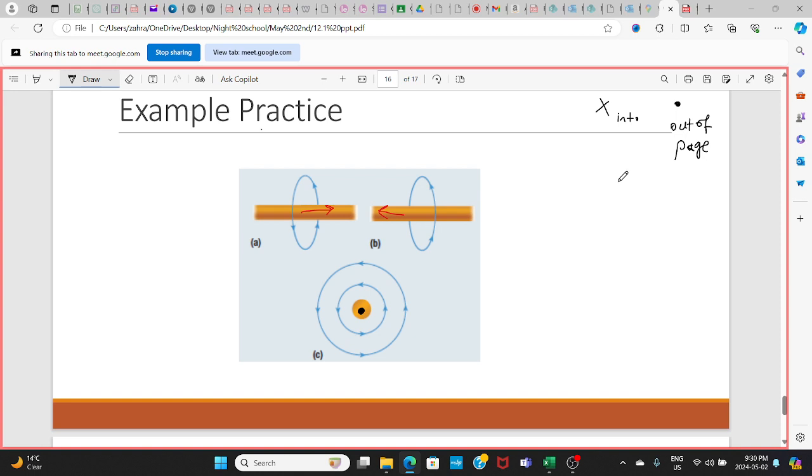Wait, how do we know when to use our right hand versus left hand? Always, when you have a positive charge moving, it's going to be the right hand. Negative, left hand, when a negative charge is moving.